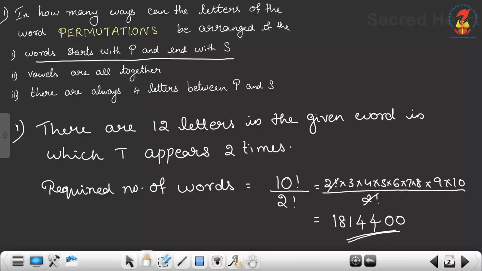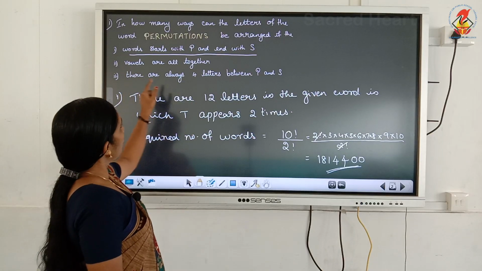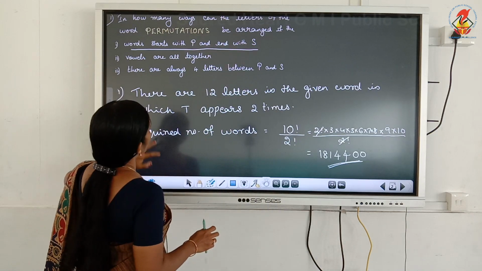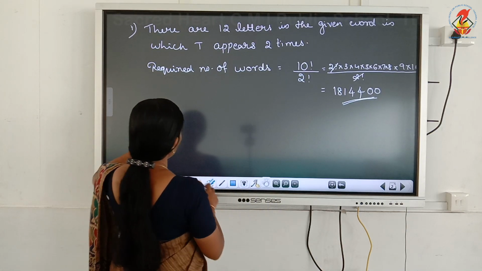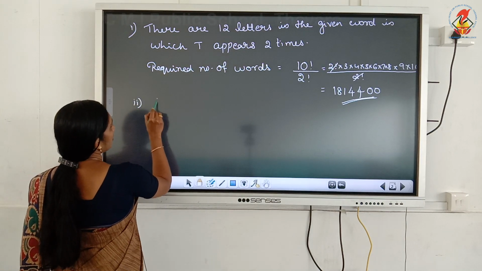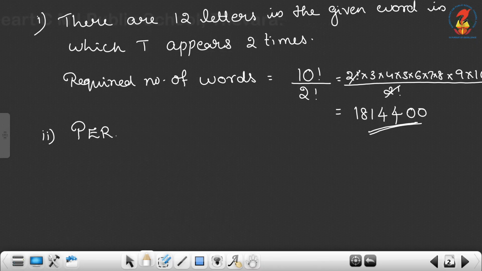Okay. Now the second one, vowels are all together. Second case, vowels are all together. In this word PERMUTATIONS, how many vowels are there?